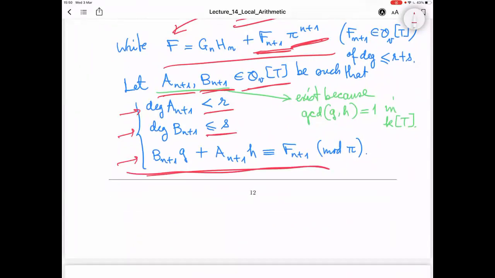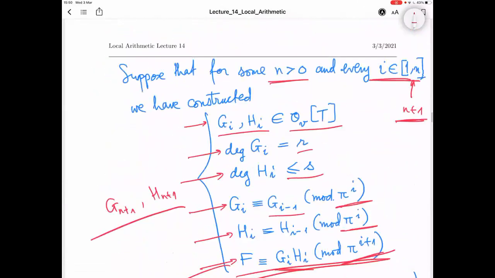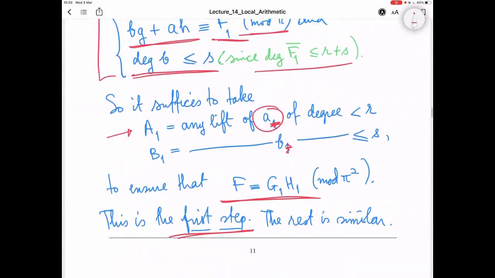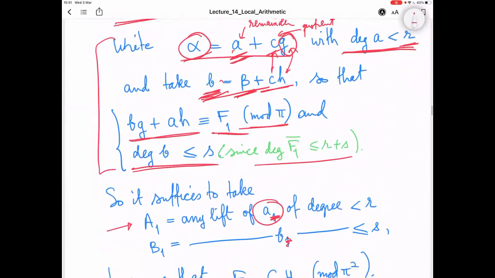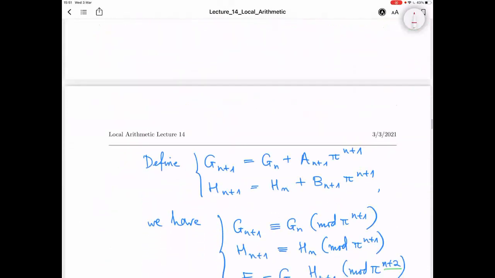Now that is possible because the GCD of g and h is equal to 1. This is what we have done earlier, in the case of step 1, and exactly the same thing works here.